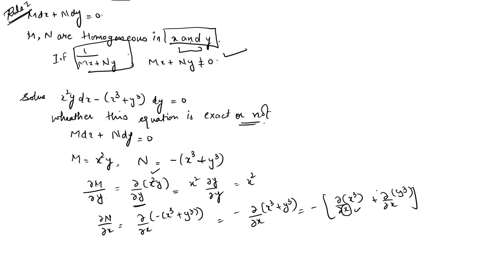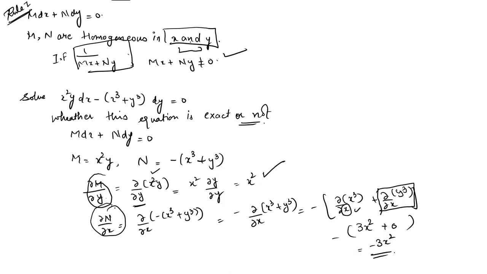So the derivative of y cube with respect to x gives 0. The derivative of x cube is 3x square. So we are getting minus 3x square. The value of del M by del y would be x square. The value of del N by del x would be minus 3x square.